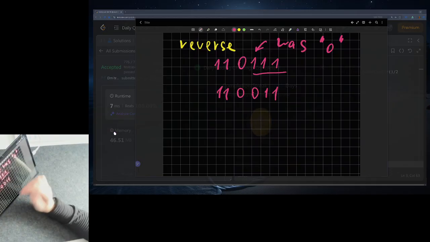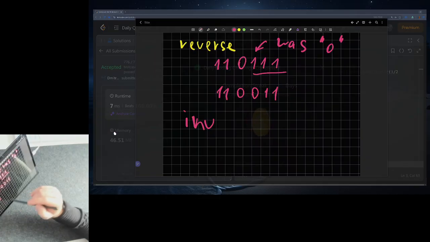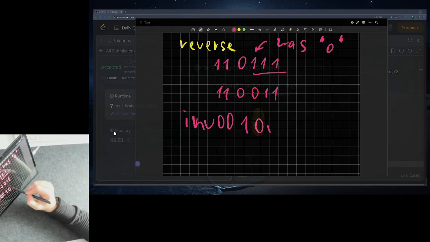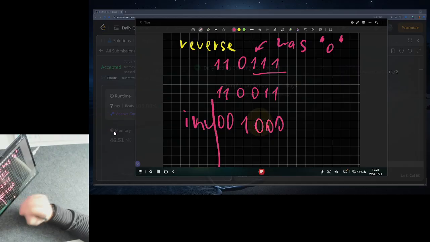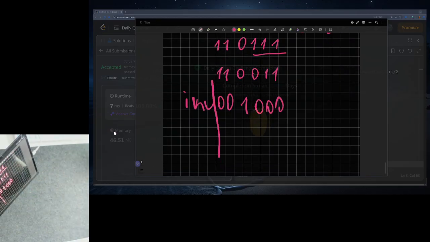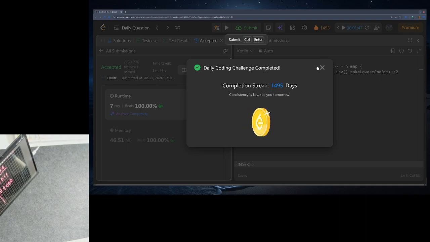So to do this kind of operation, I first use inversion of the bits. So the inverse bits would be this. Now let's look at my solution.